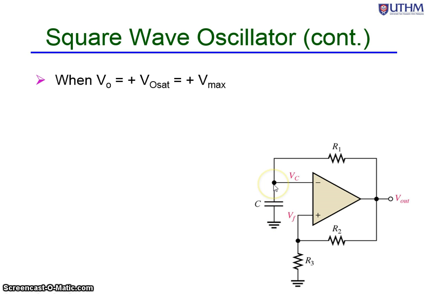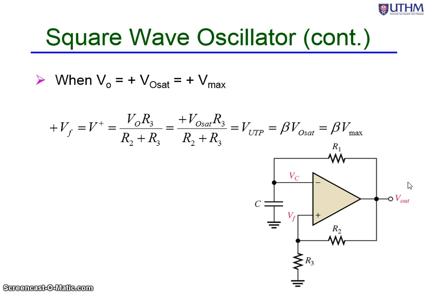If VC is greater than VF, the output will go negative. When the output is negative, we have another value of VF, and VC will be compared with this. So it is like a Schmitt trigger, where you compare your input with two values, an upper threshold and a lower threshold.